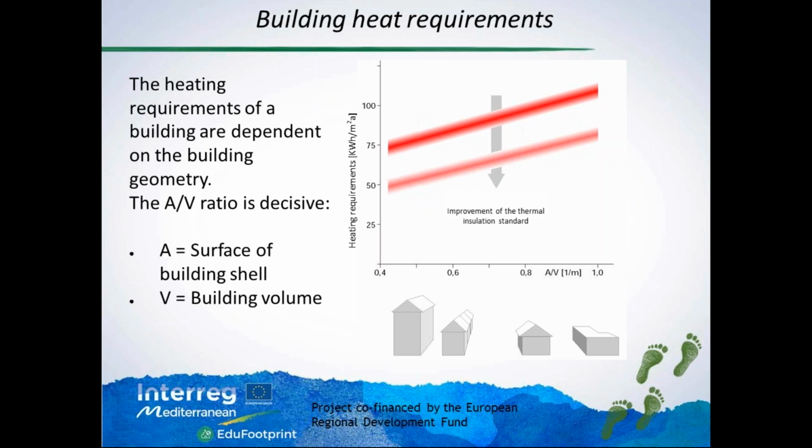It means if the envelope of the building, which is A, the surface of the outer envelope, is bigger than the volume, we need to have a bigger insulation, because by a higher A to V ratio, the building is tendentially losing more heat than a building which is bigger or more compact.